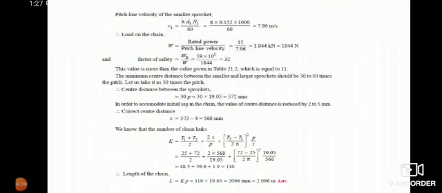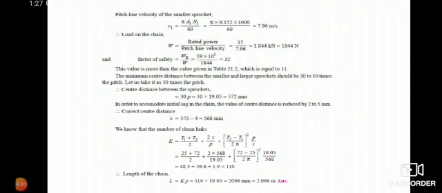We know that the pitch circle diameter of the smaller sprocket D1 equals P into cosec 180 divided by T1, equal to 0.152 meter, and the pitch circle diameter of the larger sprocket or gear D2 equals 0.172 meter.